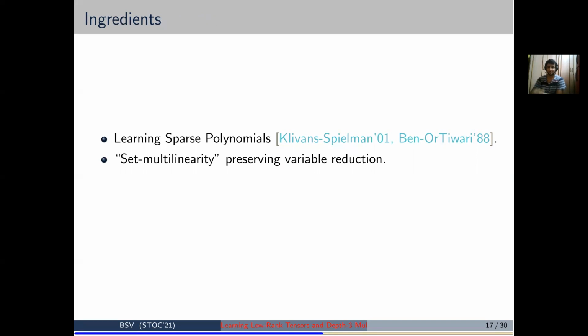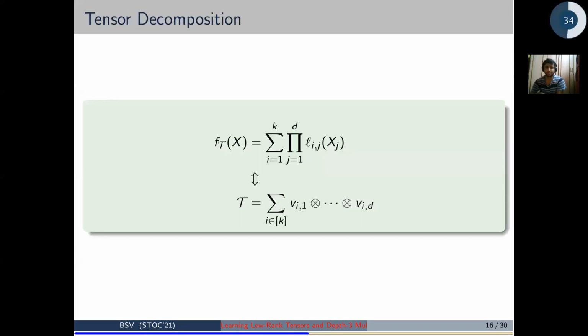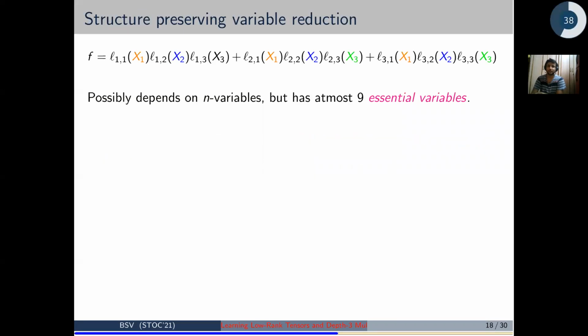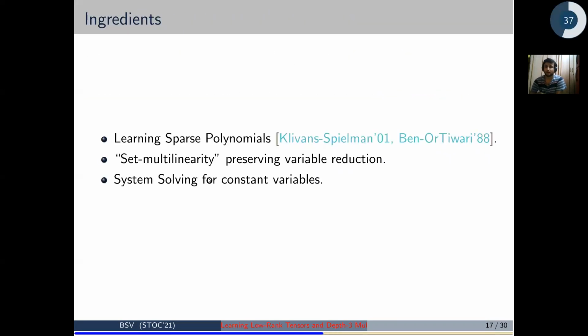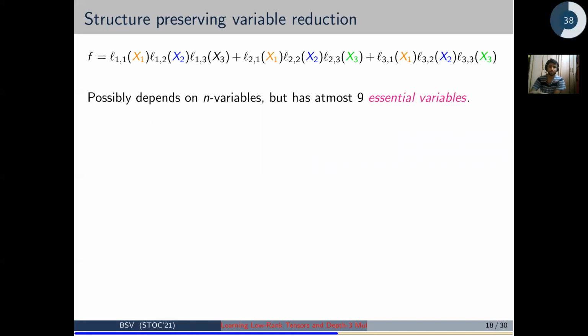What I mean here is the representation has some kind of structure: each linear form comes from a disjoint set of variables. You can't directly apply Carlini's algorithm for variable reduction because the linear transformation will just mess up the structure. So we need to come up with some new kind of variable reduction. We know the first and third, so let's elaborate on the second.